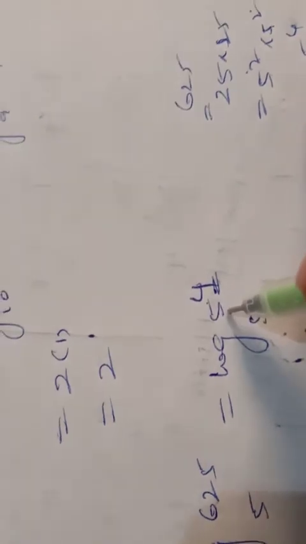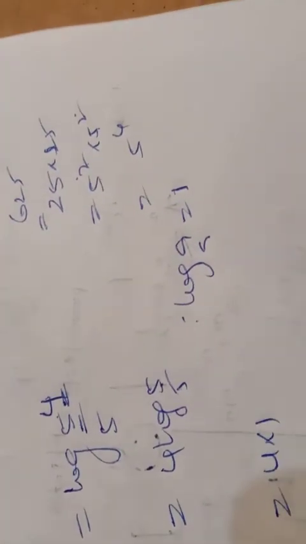Here we can use the formula log m power n base a equal to n log m base a. Here n equal to 4, m equal to 5, that equal to 4 into log 5 base 5. Already we know that log a base a equal to 1, that equal to 4 into 1 equal to 4 is the answer of this problem.